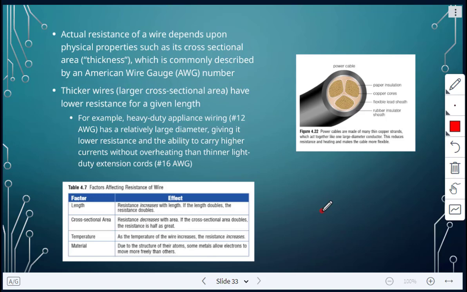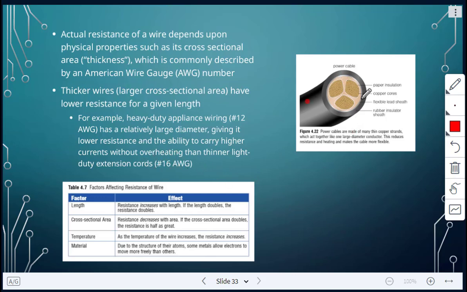An example: heavy-duty appliance wiring, say a number 12 AWG, has a large diameter, so it has lower resistance. It's able to carry higher current without overheating, compared to a thinner, light-duty extension cord like a number 16 AWG.